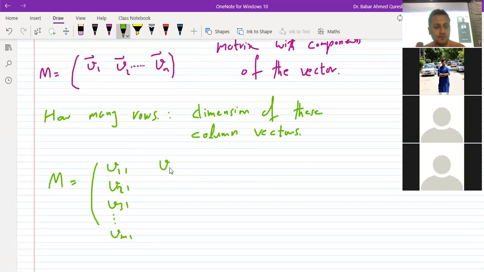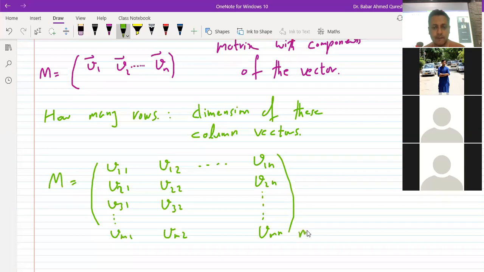Over here, I have the first component of the second vector, second component of the second vector, third component, and then the mth component of the second vector. You keep going until you have your last, nth vector: first component of the nth vector, second component of the nth vector. So you have an m by n matrix, which you can think of as n column vectors, each of dimension m, lying side by side.